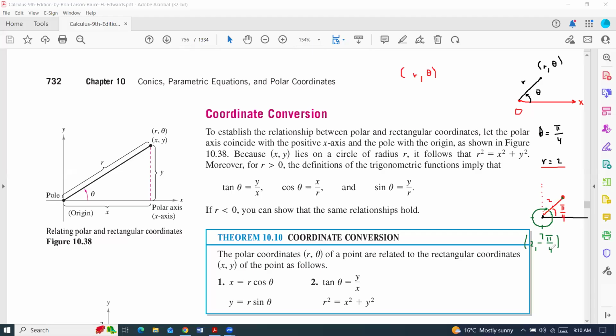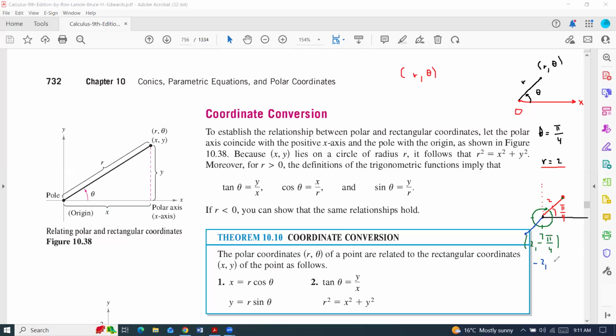Or you could also do it differently. The third way to produce it is to use negative 2 instead of 2 for r. If I go pi over 4 and then negative 2, I will go here. But to actually return back, I need to go an extra half rotation.